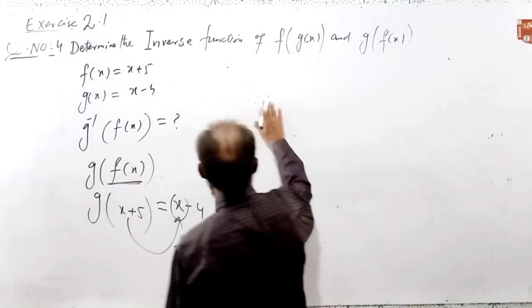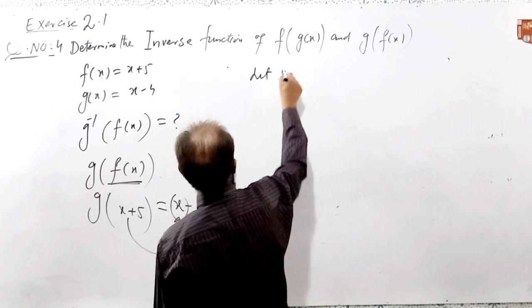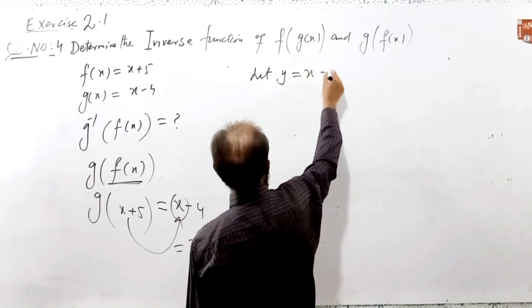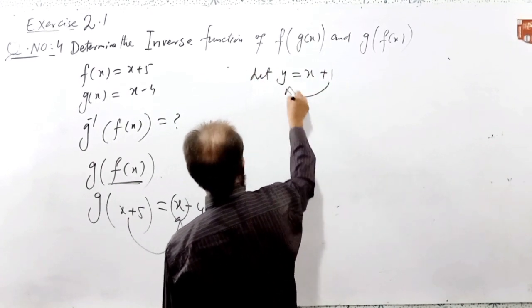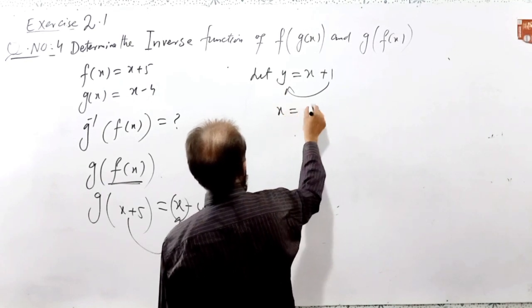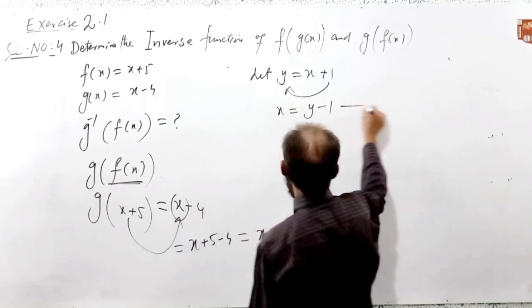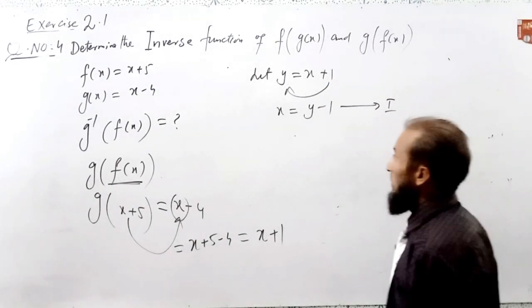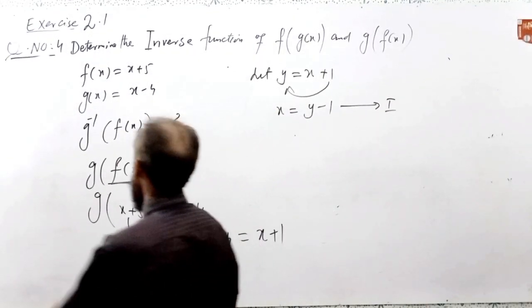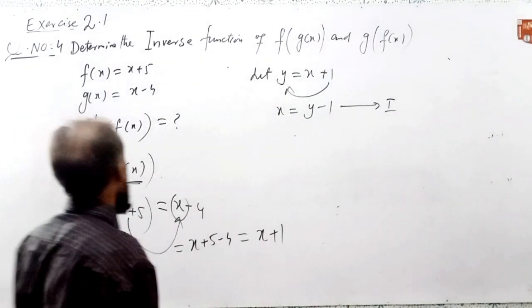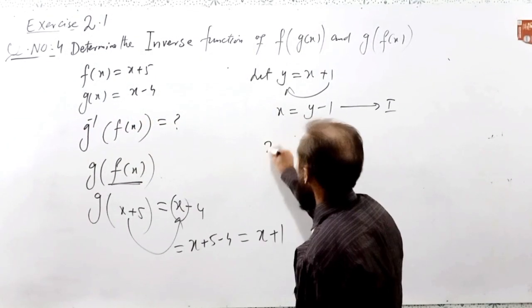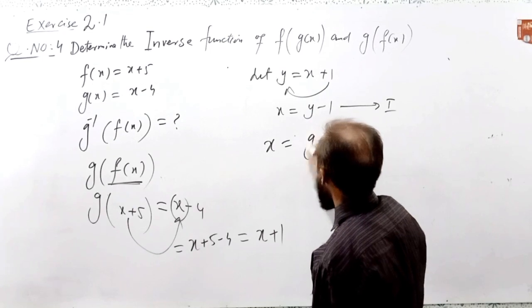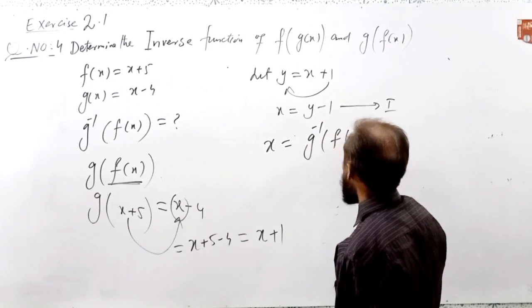Now we suppose that let y is equal to x plus 1. So here we change this value. X is equal to y minus 1. So we call this the first equation. Now we suppose this value. Let x is equal to, we know that x is equal to g inverse f of y.